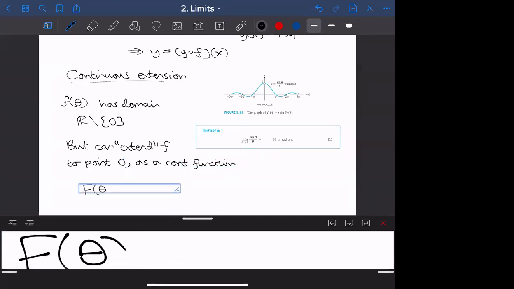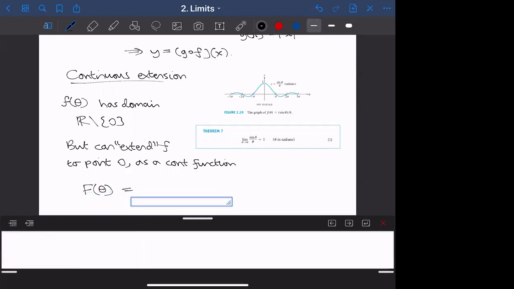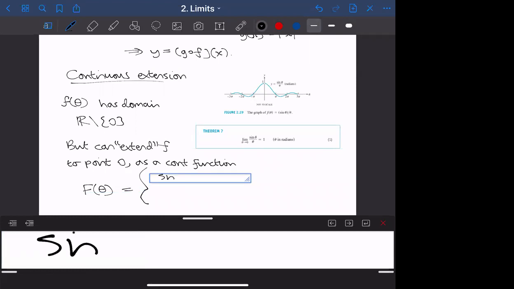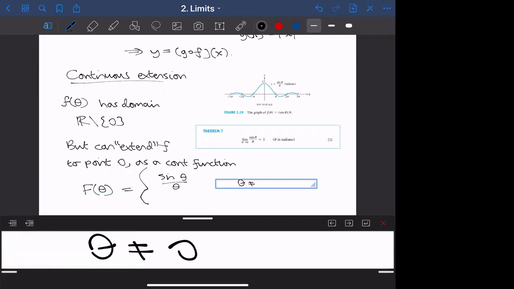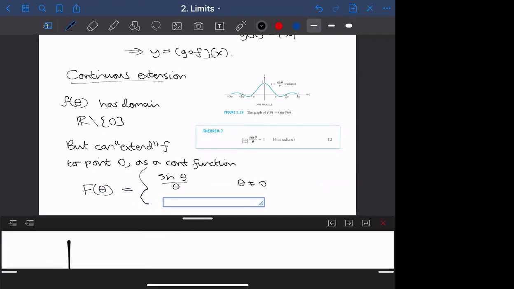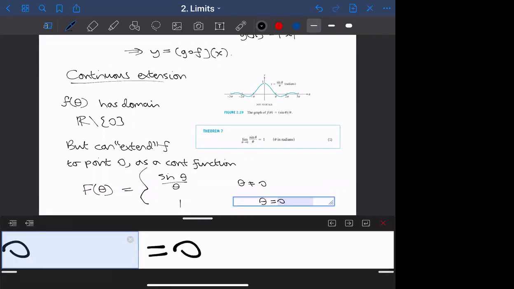Let's take capital F(theta) to be sine theta over theta, just as before, for theta not equal to 0. And let's just choose the value 1 for theta equals 0.